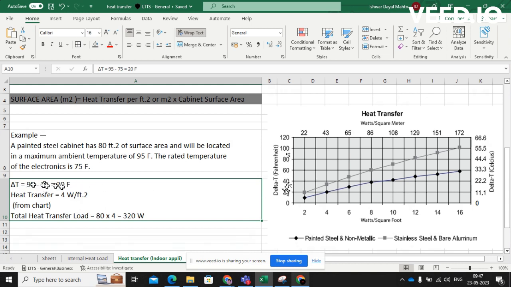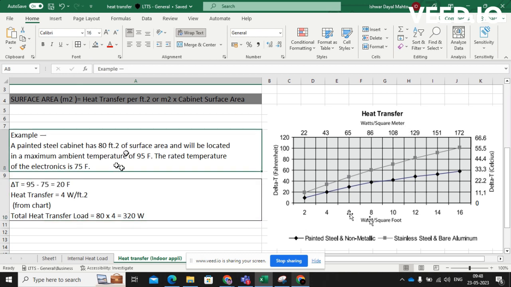Here this delta difference is given in Fahrenheit, and on the right hand side the delta is given in Celsius. At the top we have watt per square meter, and at the bottom watt per square foot. Since in this problem the area is given in feet, we will figure it out in the watt per square foot unit only.